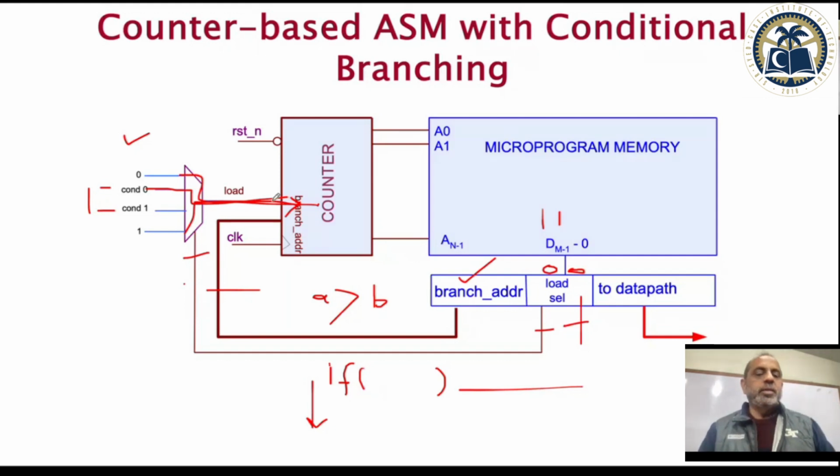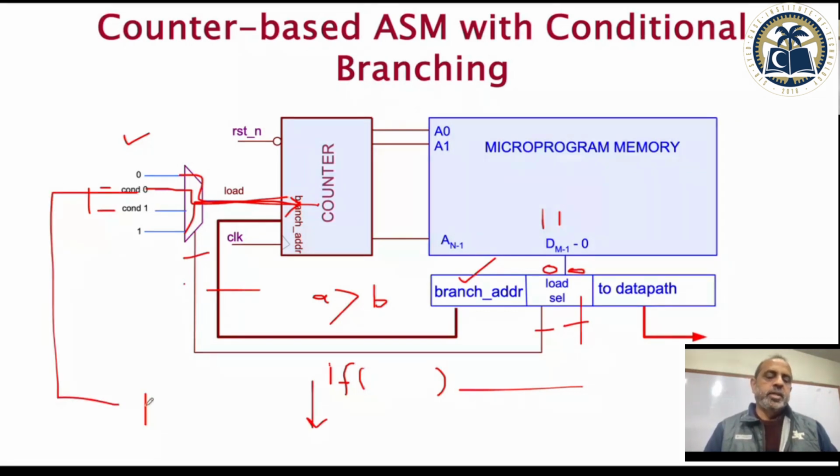But now you want to check whether the answer is positive or not, for example. So this condition 0 would be the positive flag: if you have done some computation in your data path and the answer is positive, then you want to load, and you swap or you just do whatever you were doing. So this capability will add to your microcoded state machine.